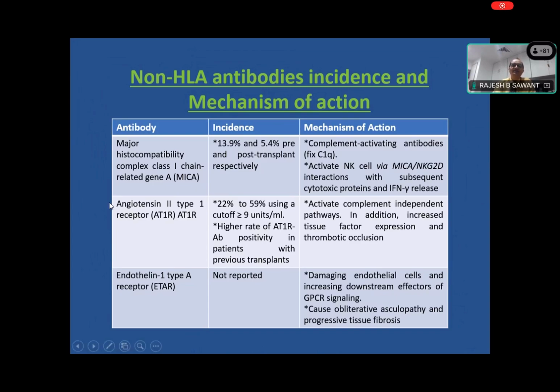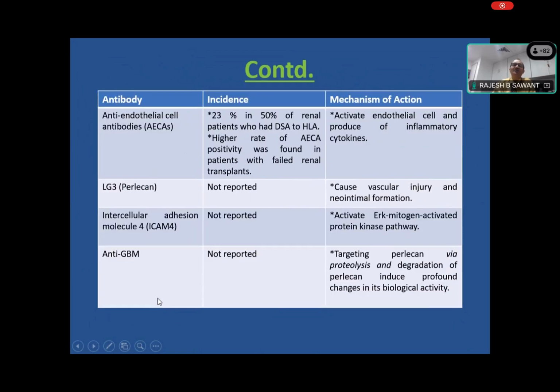Also, there are angiotensin 2 type 1 receptor antibodies or endothelin 1 type A receptor antibodies, etc. So all these are the other non-HLA antibodies. You will have anti-endothelial cell antibodies or the Perlecan or the LG3 antibodies, or the ICAM4, that is intercellular adhesion molecule 4 antibodies, anti-GBM antibodies, the glomerular basement membrane antibodies, etc. So these are a list of non-HLA antibodies.